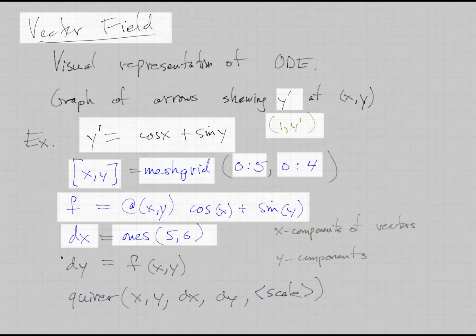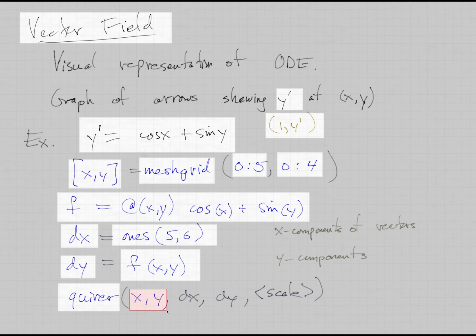The matrix dy is going to represent the y components of all the vectors, all the arrows, and that's just given by plugging x and y into f. This is why f has to be able to handle, in this case, matrix inputs. Having that done, we call the MATLAB command quiver, which takes 4 inputs and an optional 5th input.